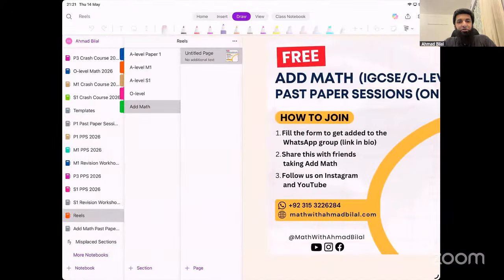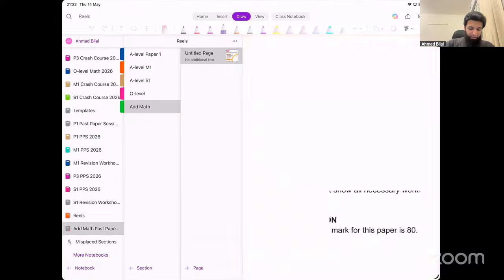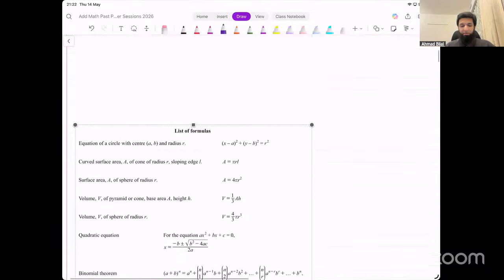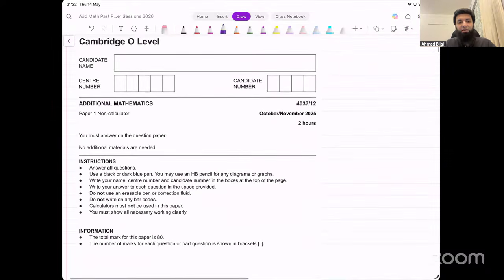Please make sure that you are attempting the papers before we do them in classes. I'll be posting in the WhatsApp group which paper we're doing on each day. It'll be almost every day from here onwards, inshallah. Make sure that you have attempted that paper already before we do it in a particular class, because otherwise just watching me do everything is not going to be as helpful.